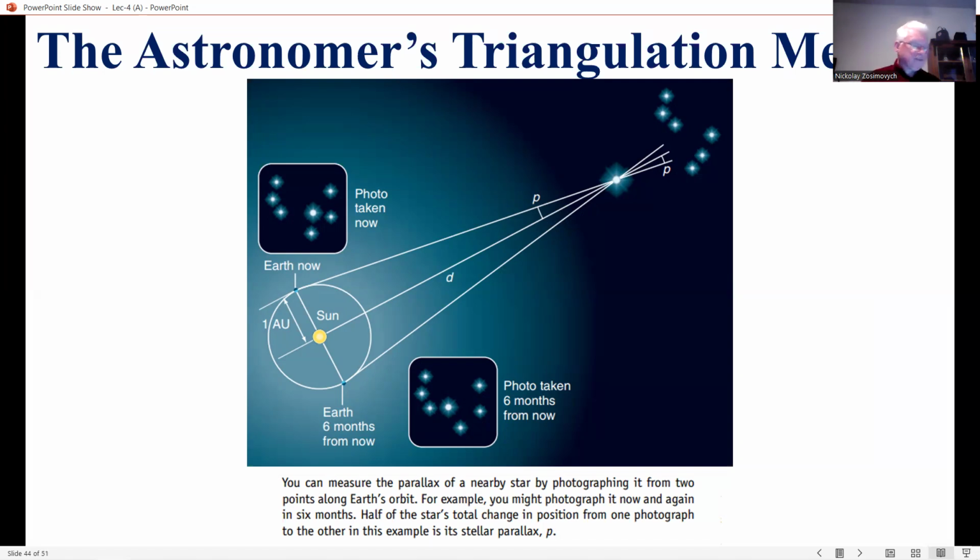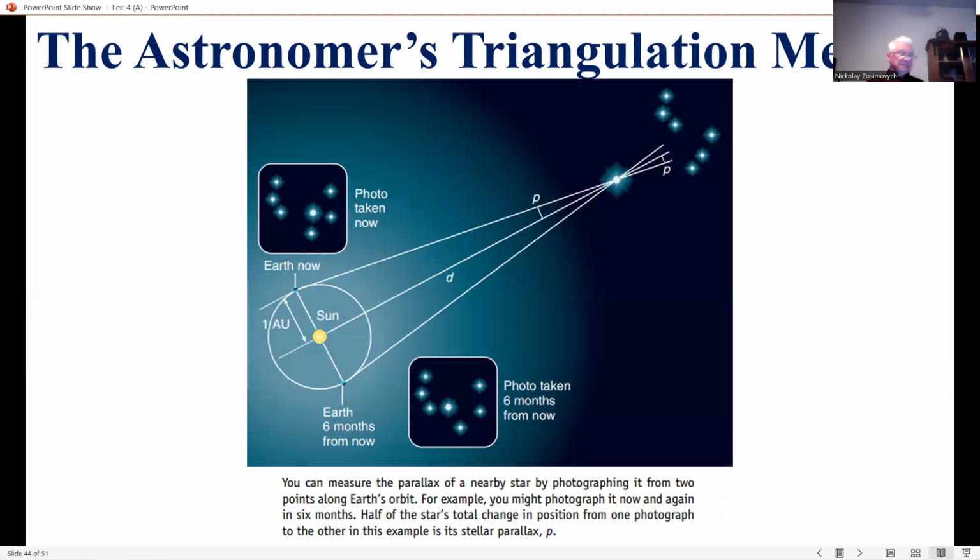And this second photograph is taken at a point in space 2 astronomical units, AU, from the point where the first photograph was taken. And thus, your baseline equals the diameter of Earth's orbit, or 2 astronomical units.